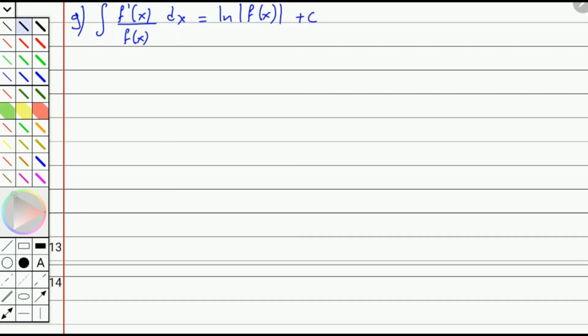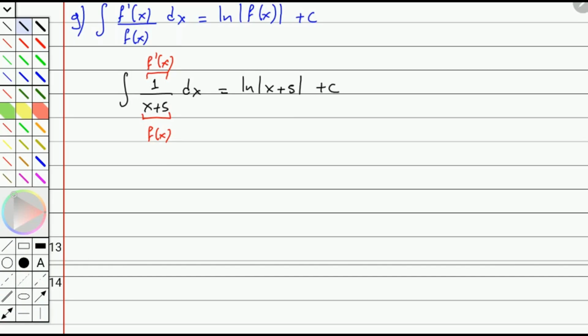Let's see another example. The integral of 1 over x plus 5 dx. We can see that this is an f of x, and at the top we have f prime of x. So we can treat it as a logarithmic integral. It equals ln absolute x plus 5 plus c.